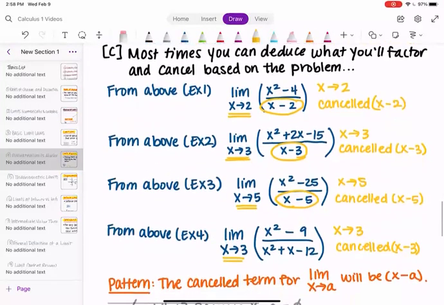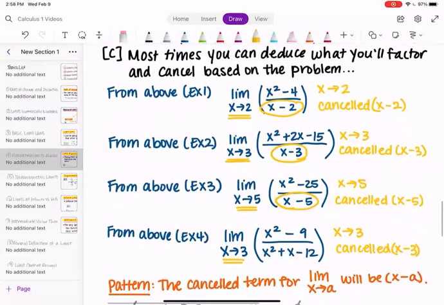And a lot of the times, I just wrote this out for you, it demonstrates that if you can identify the fact that this approaches 2, there's usually going to be an x minus 2 somewhere built into that. That'll be a problem, or some scaled version of that. It could be 2x minus 4, or for this one, it could be 3x minus 9, something that'll simplify down to some x minus the thing you're taking the limit at, right? So that's the pattern.